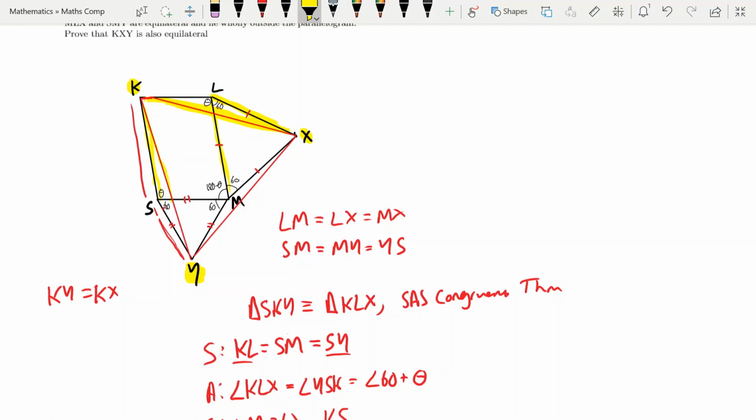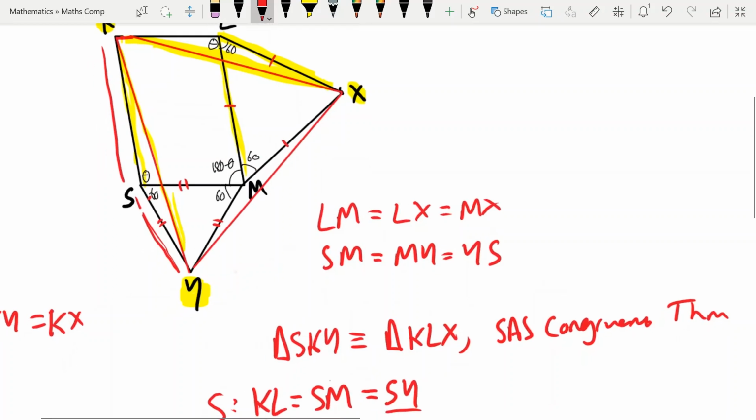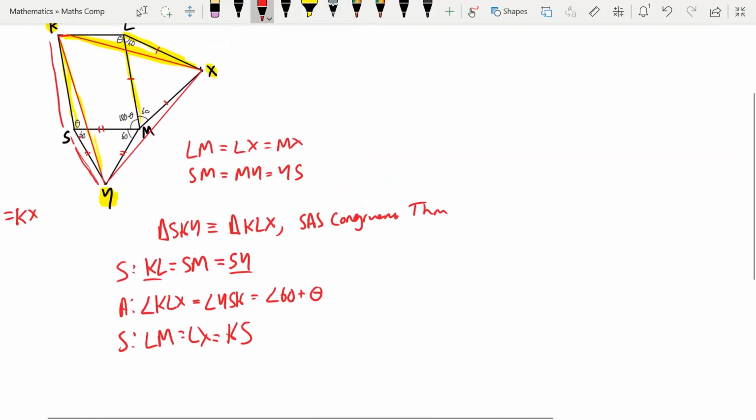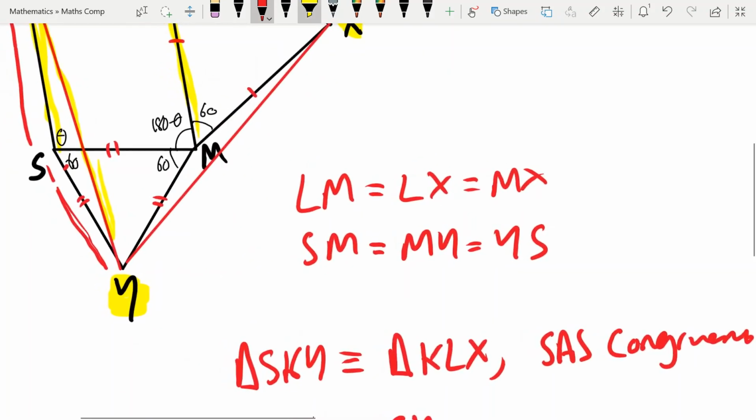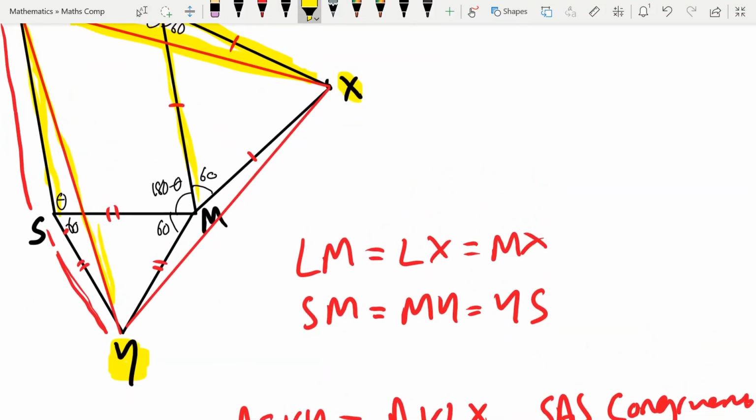Using that same logic and the same theorem, you can consider the triangle MXY, and it's this little triangle down here. We can also see this side length here is the same, and this side length here is the same.